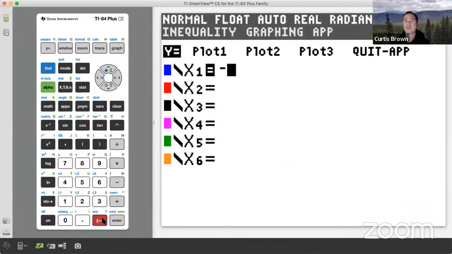If you'd like to shade left or right some domain values, that's also helpful. But in this case, Tom can type in one of those vertical asymptotes that we know we have in this graph, x equals -3. Then when you draw the graph, you'll have a vertical line at x equals -3.